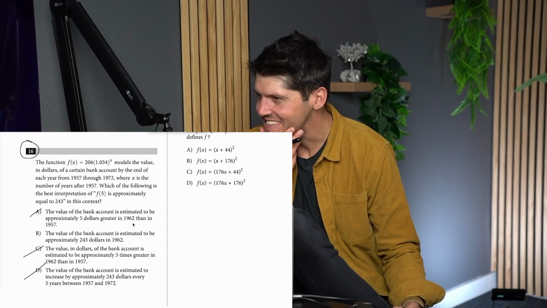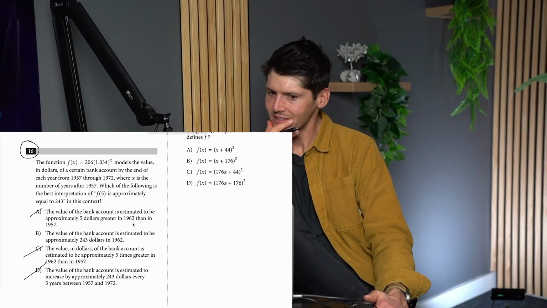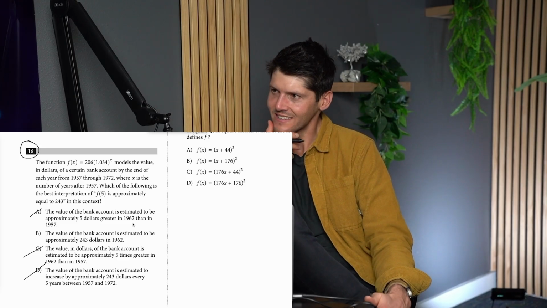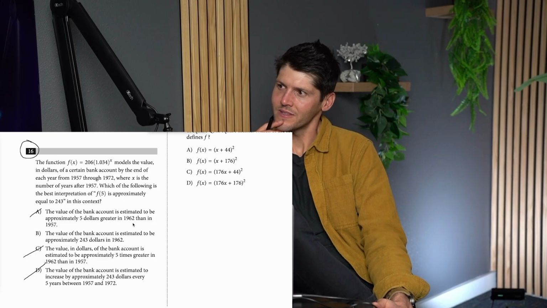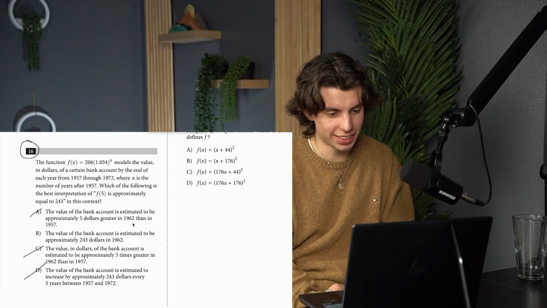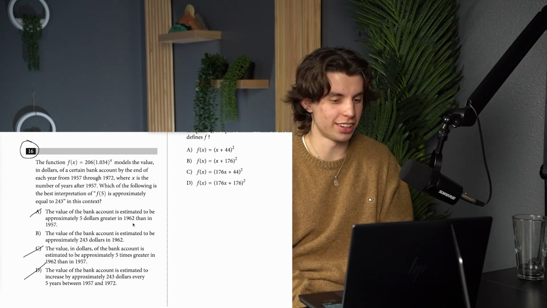One of those is pretty sneaky, right? The question is saying this function is the value of the bank account. Yes. So it's most likely B. Yes. Because D is talking about some weird increase per 5 years. Which is not in the question.